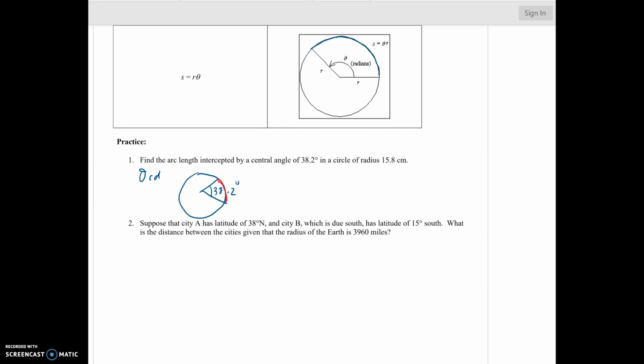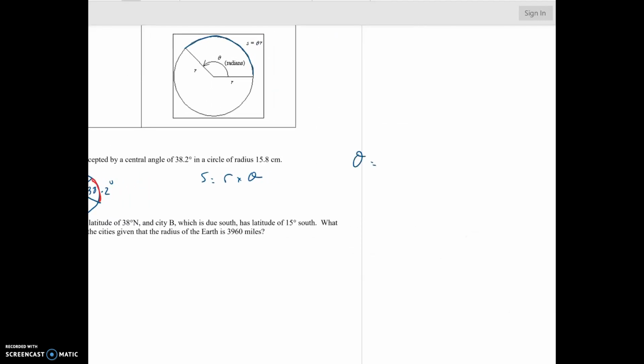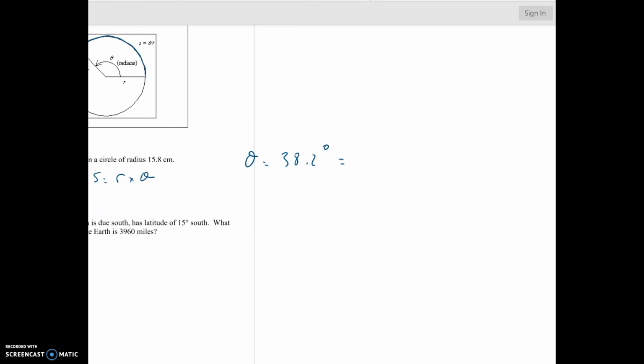And for that, what you are going to do is express S equals R multiplied by theta. Then you are going to write the fact that theta is equal to 38.2 degrees. And we are going to convert right away by multiplying 38.2 by pi and dividing by 180 degrees. You are going to find around 0.6667 something.